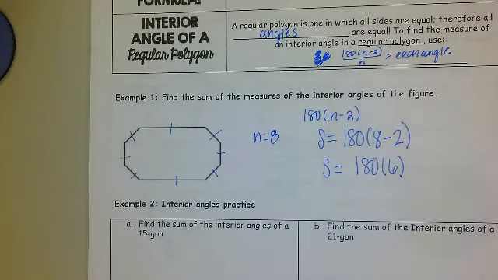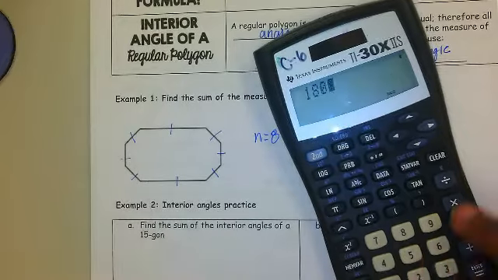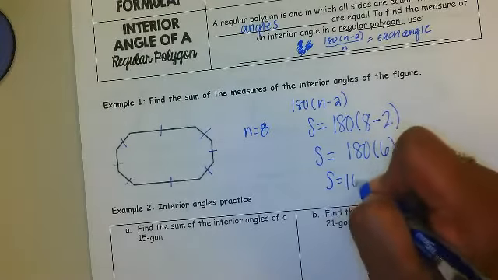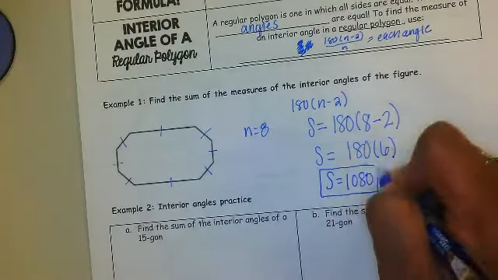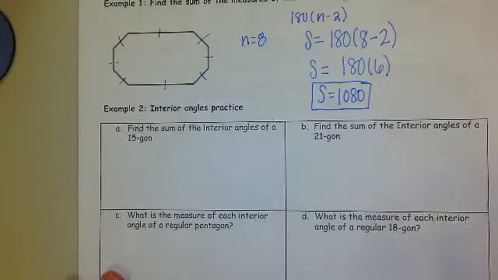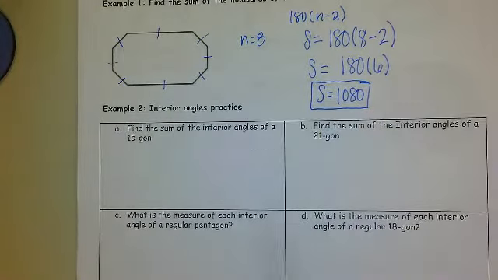Let me get my calculator. 180 times 6 is 1080. And that's always the case for an 8-sided polygon.